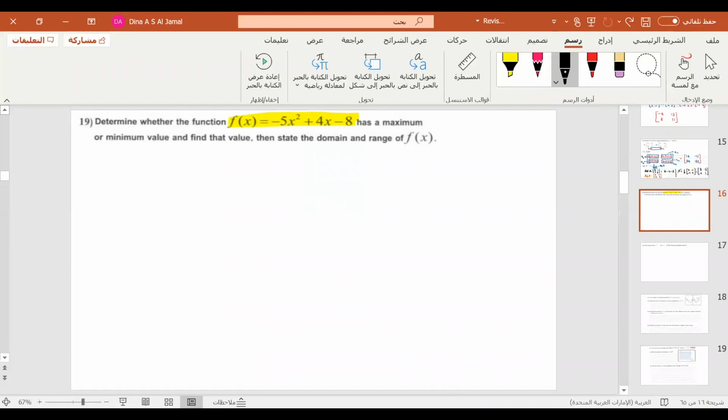So to find the maximum and the minimum, first of all, you should check the A value. So here, your A value is negative. Minus 5 is less than 0. That means it is negative value.